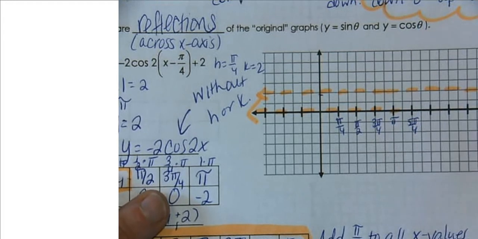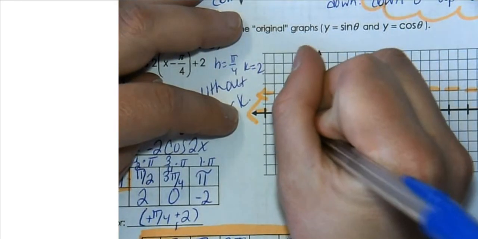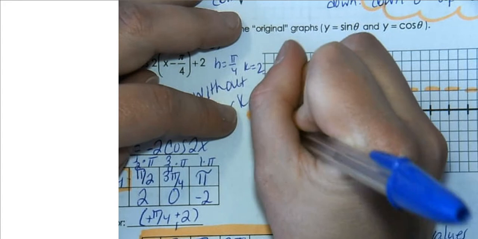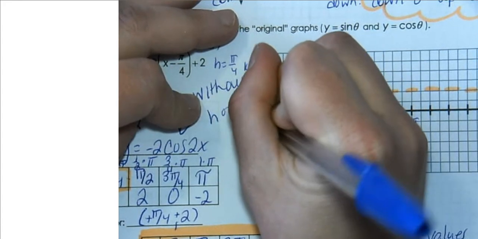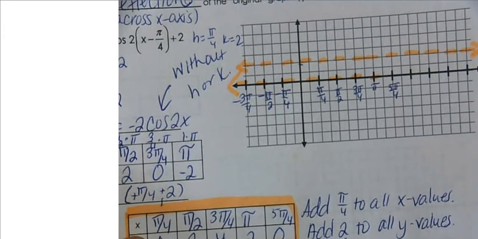I'm just going to stop wherever my largest x value is on my table. On the negative x-axis, this is negative pi over 4, negative pi over 2, and negative 3 pi over 4. For my y-axis, my minimum value is going to be 0, and my maximum value is going to be 4.